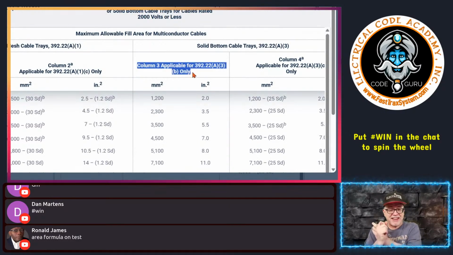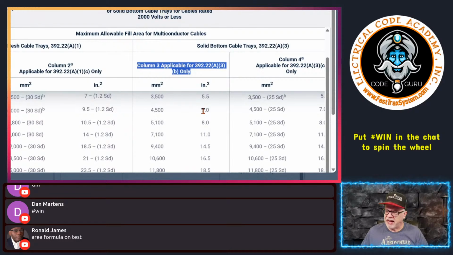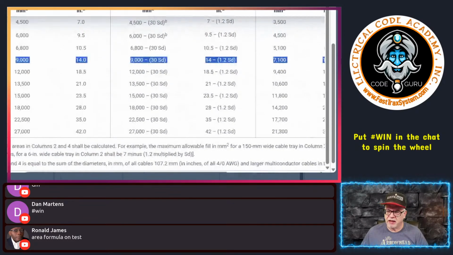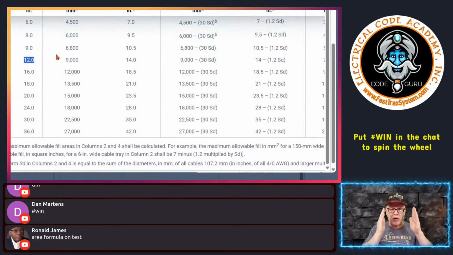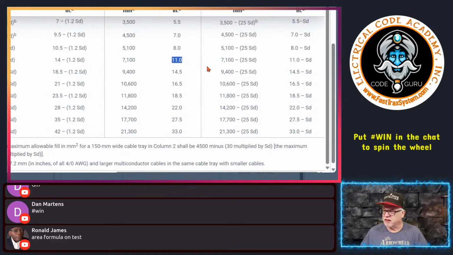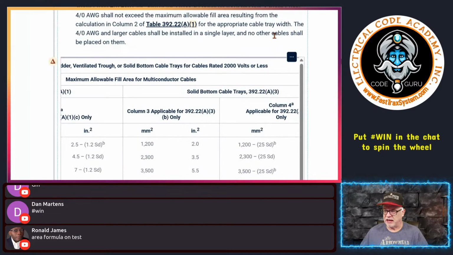It only applies to that one, right? And these are the values for those different sizes of tray. So let's say this one is 11 square inches, and that would be for a 12-inch interior width, the inside width of that cable tray. Okay? So in that scenario, that was 11 square inches.